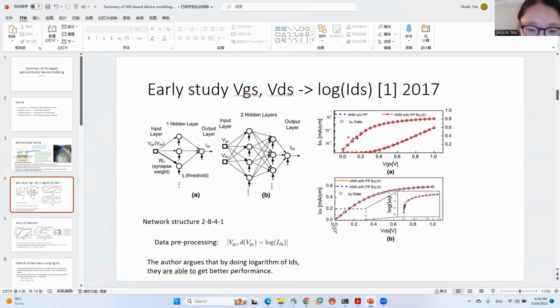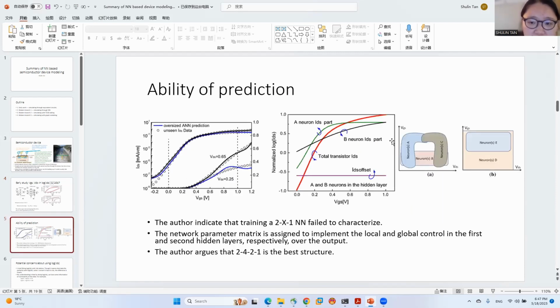What they do is that they took the logarithm of the IDS, which is the drain current, and they set up a simple neural network to solve everything. The parameters they use, this one is 8, this one is 3 or 4, I think. So that's the way they want to solve it.